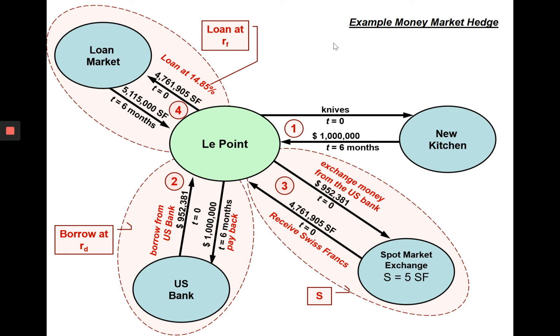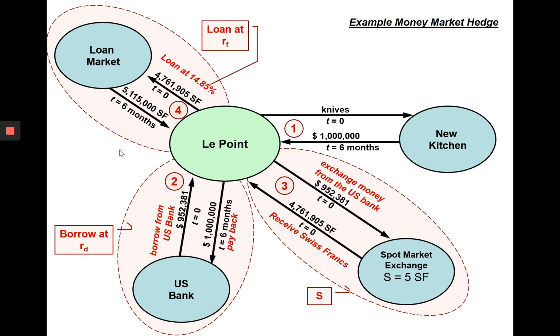We can make gains or losses from this foreign currency exposure or transaction exposure that we had originally. So if New Kitchen goes bankrupt and we have a money market hedge, we will have an exposure. In other words, New Kitchen's bankruptcy is an exclusion from this insurance or hedging contract.